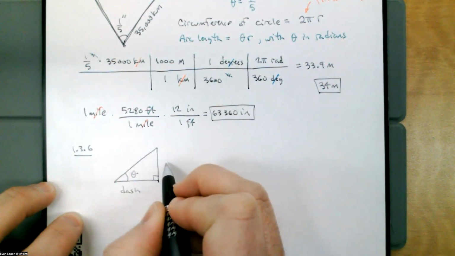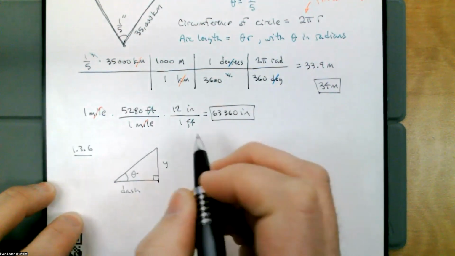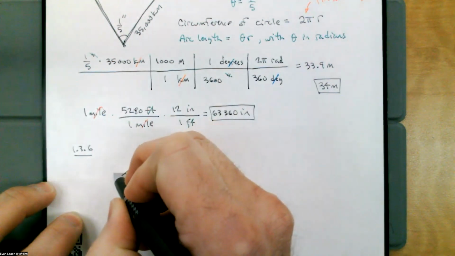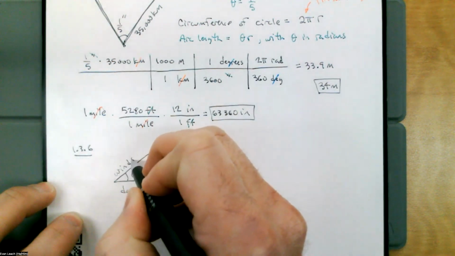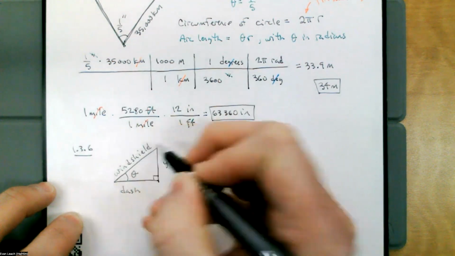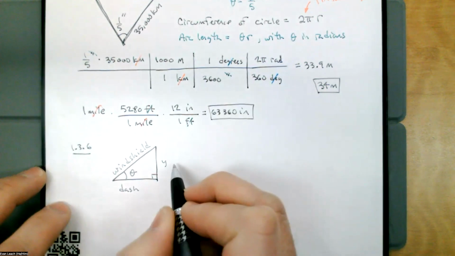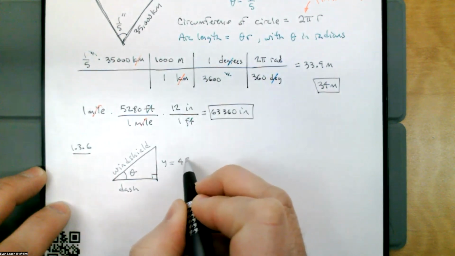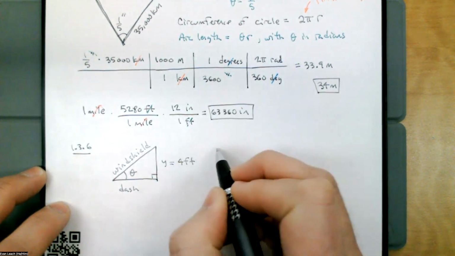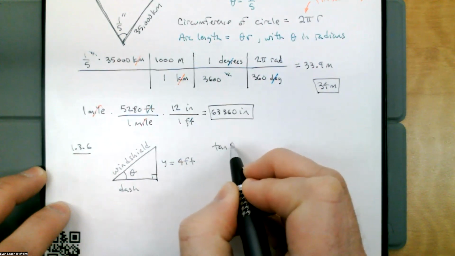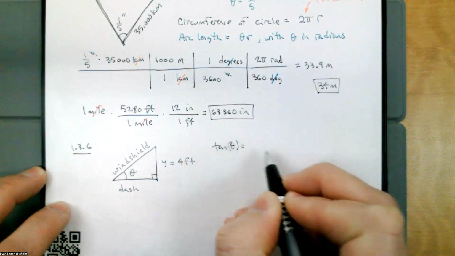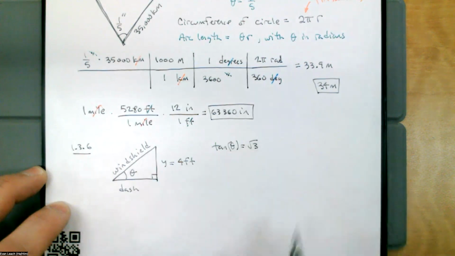We call this just Y because we don't have a name for it. And we call this windshield. Here's what we're given. On my particular problem, Y is given as 4 feet. And we also know that the tangent of theta is equal to the square root of 3.